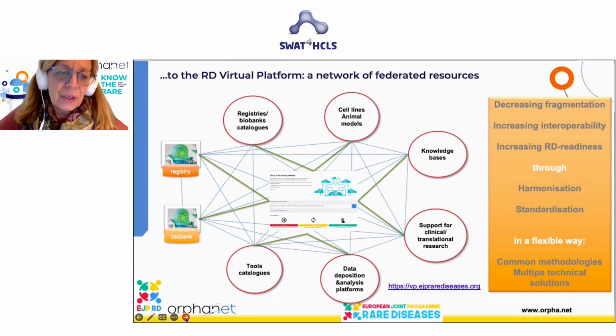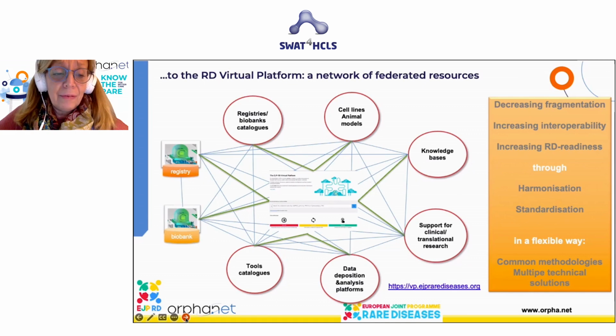That is the European Joint Program on Rare Diseases, EJPRD, in which we try to harmonize the way different resources that are not talking to each other, are not speaking the same language, can be used together for rare disease research. Remember, we need therapies, we need clinical research on rare diseases.